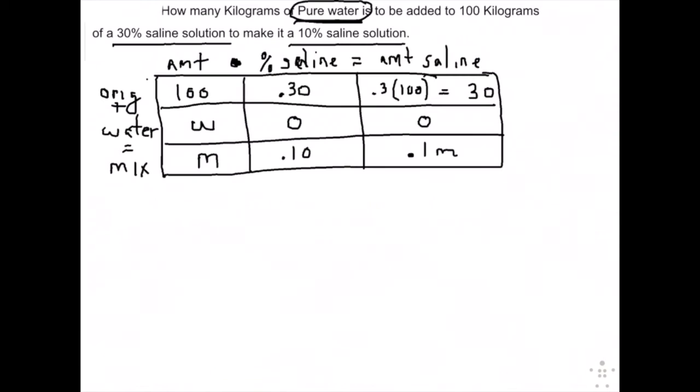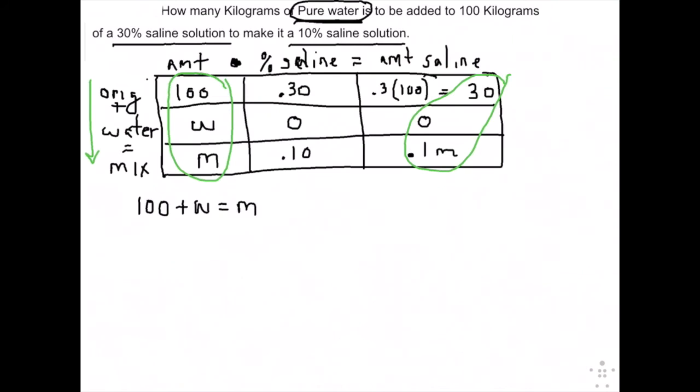Now, for mixture problems, the majority of the time, our equations are going to come down the first column and the last column. And we can see that if we look down here, it was the original plus the water equals the mix, right? So if I go down this first column, the 100, W and M, it's 100 plus the water equals the mix.